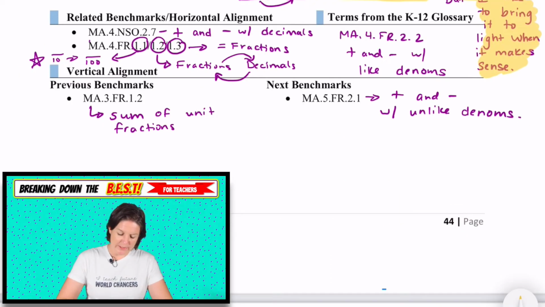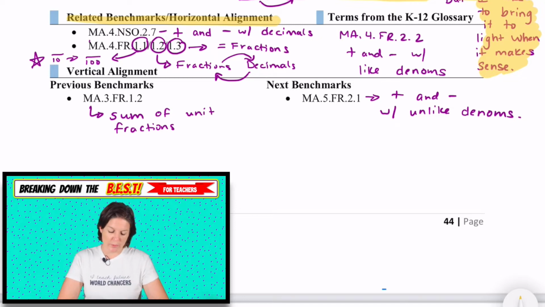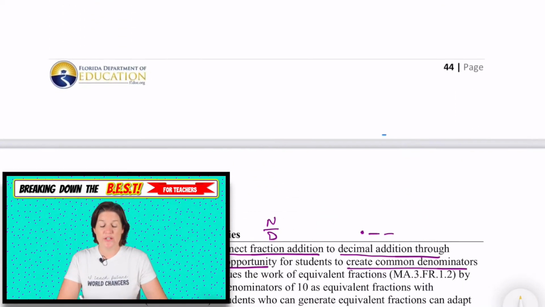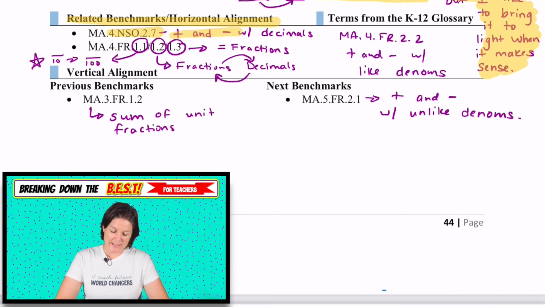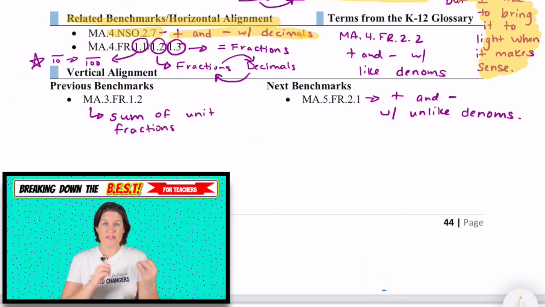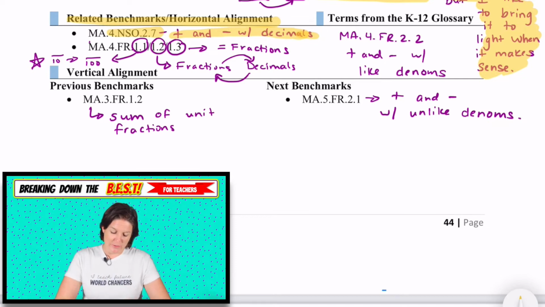What are some of the related benchmarks that provide some horizontal alignment to this standard? Well, we have 4.NSO.2.7, which is adding and subtracting with decimals and understanding that decimals and fractions are connected. We also have 4.FR.1.1, which is where we were converting from tenths into hundredths.